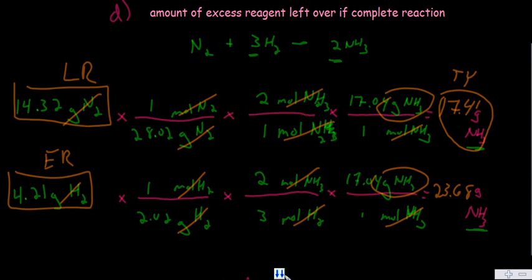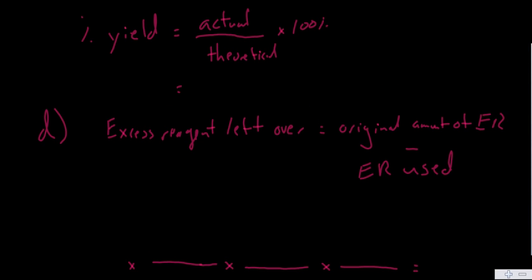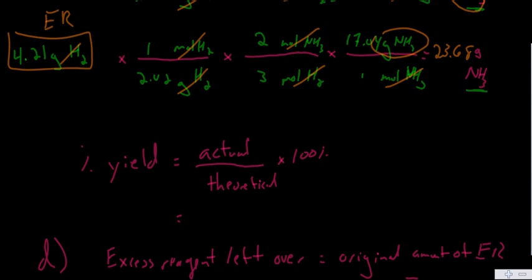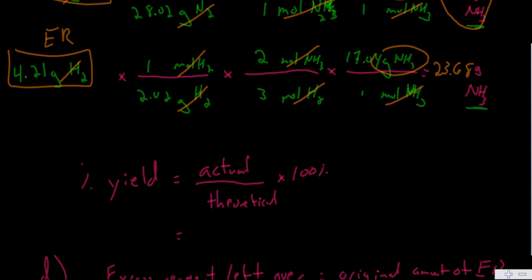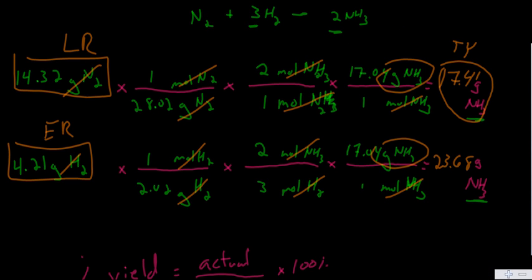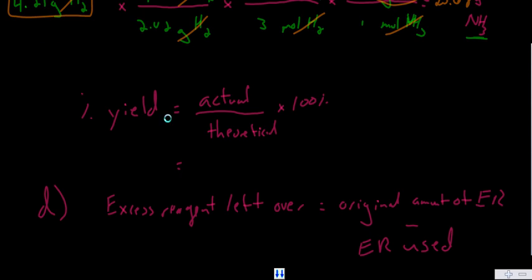Now we want to find percent yield. So we want to use this theoretical yield of ammonia, 17.41 grams of ammonia, to get our percent yield. And so what we want to do is see, from the very top, you'll recall, we actually collected 15.2 grams of ammonia.